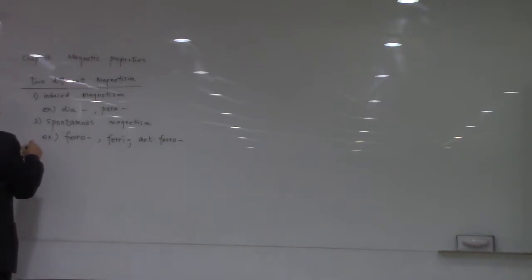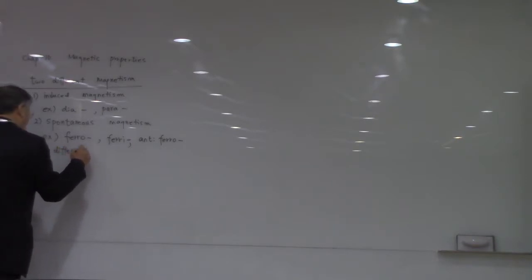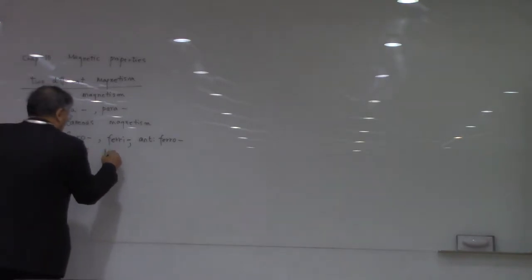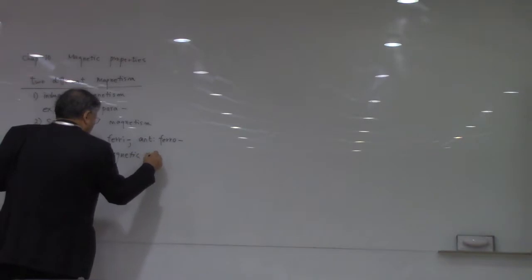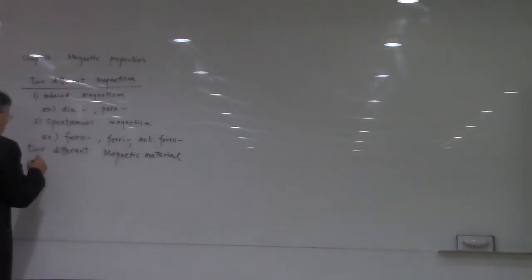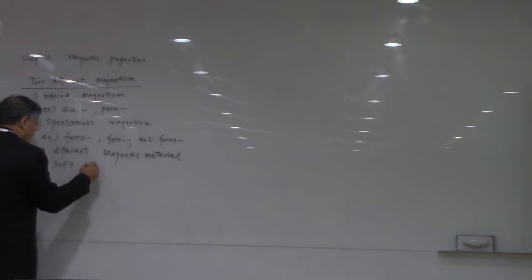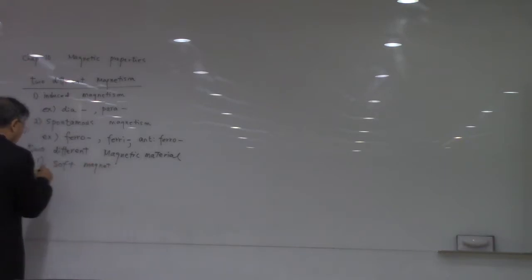Okay. And then we have two different magnetic materials. The well-known ones of this type are the soft magnet and hard magnet.